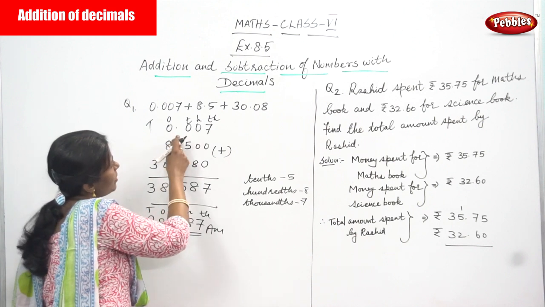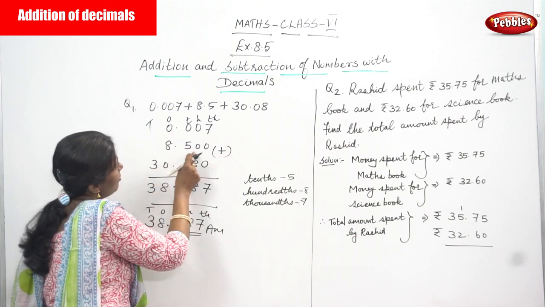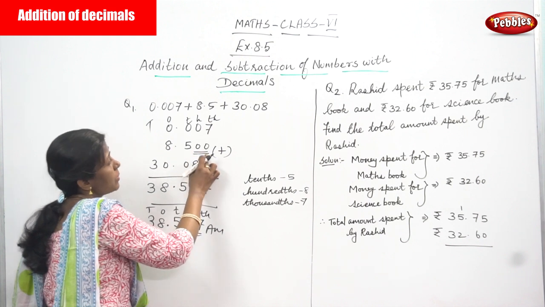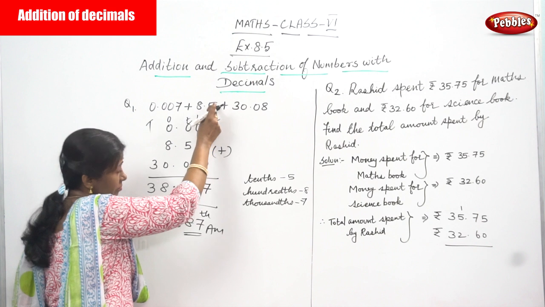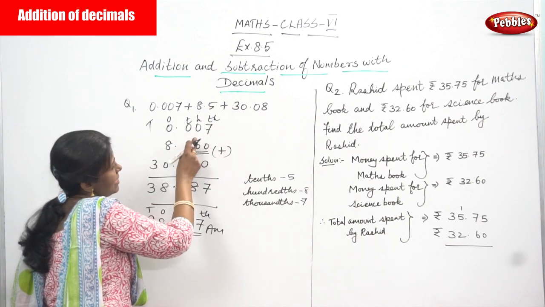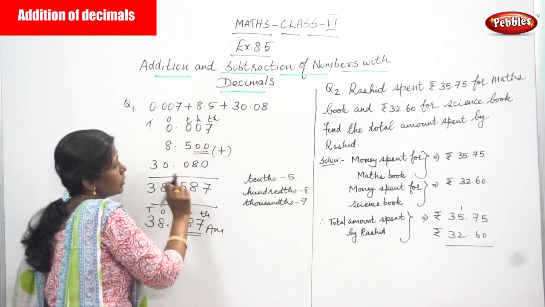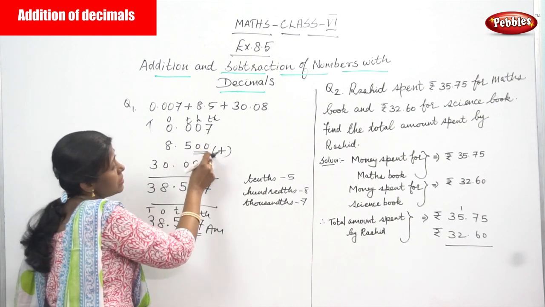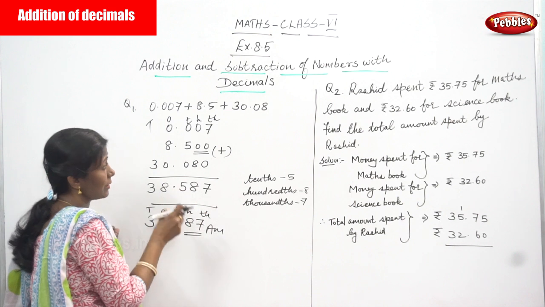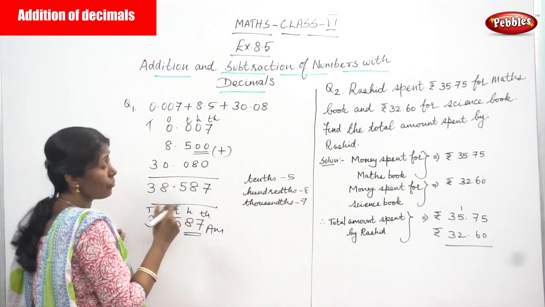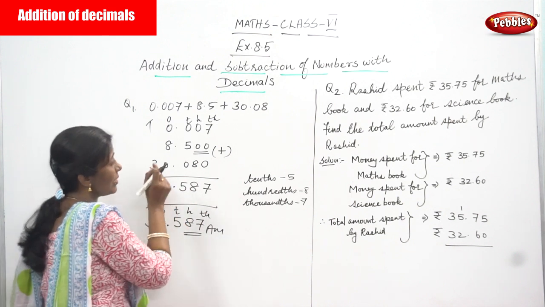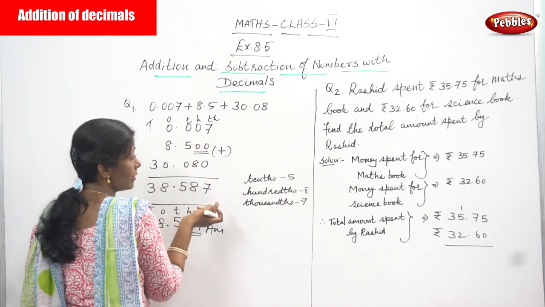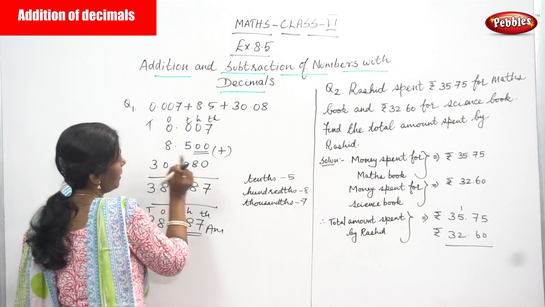So 0.007 and 8.500. Why did I use 00? Because there is no number in the hundredths place and thousandths place. If you write the zeros, you can add the numbers correctly without any mistake. We just want to avoid mistakes. That is the only reason we use zeros in that place. If any digit is not there, you have to use 0 in that particular place.